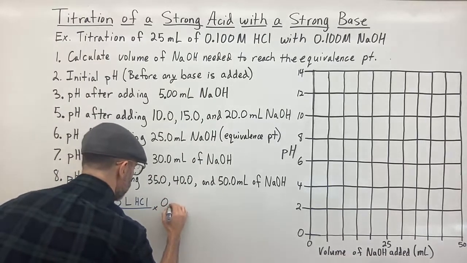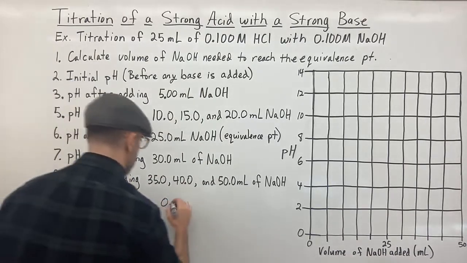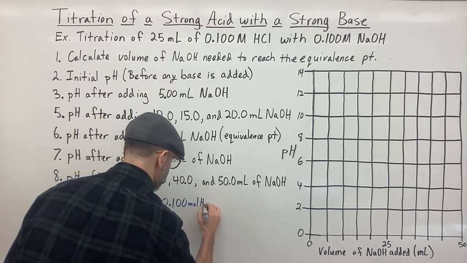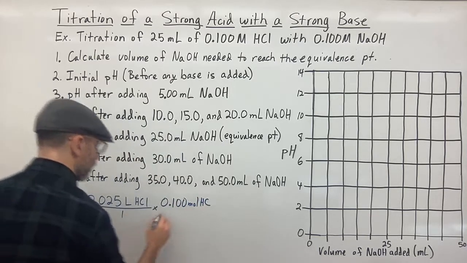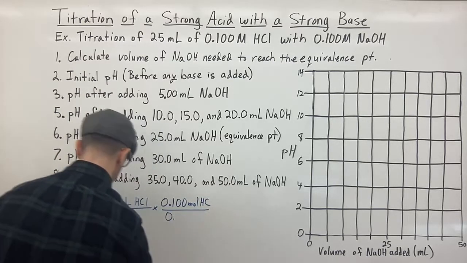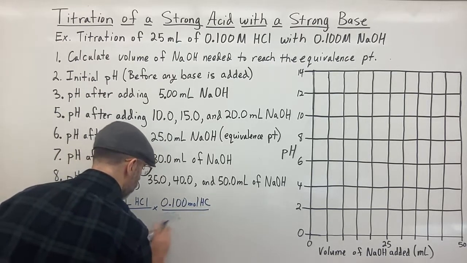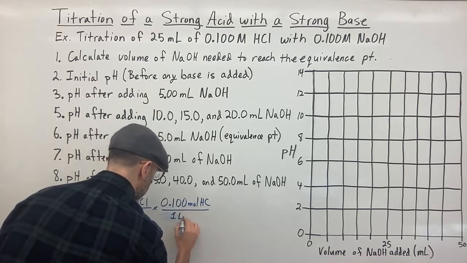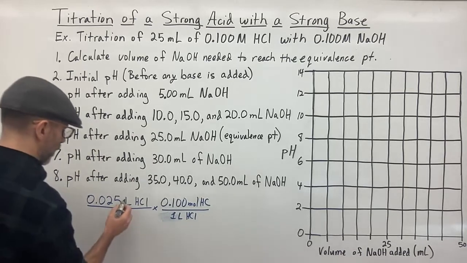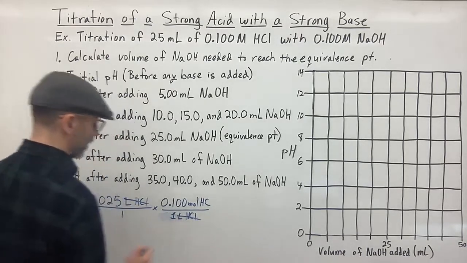So we're going to write 0.100 moles of HCl over 1 liter of the HCl solution, and then the liters of HCl cancel out.